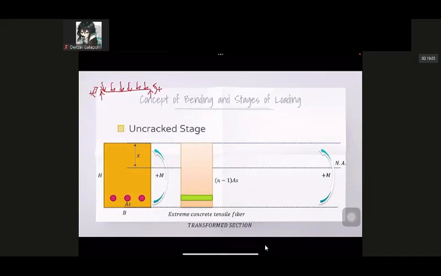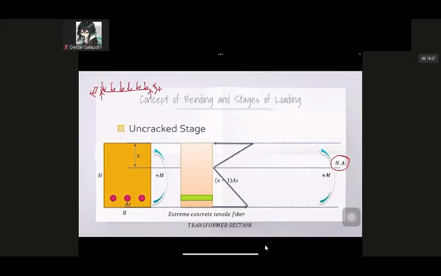And if this is the case, the neutral axis is the axis kung saan yung concrete compression and tension tends to separate. Ito yung pinaka neutral axis niya. So kumbaga sa top portion we have the compression side, and the bottom portion of your NA or the neutral axis will be in tension side.